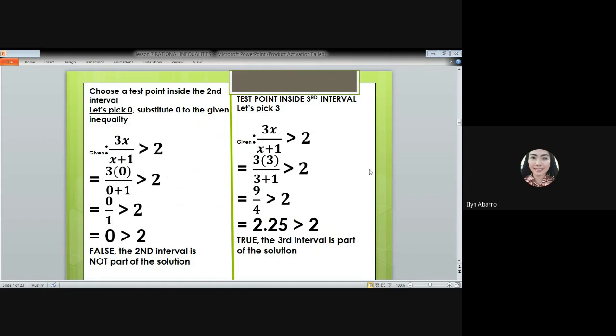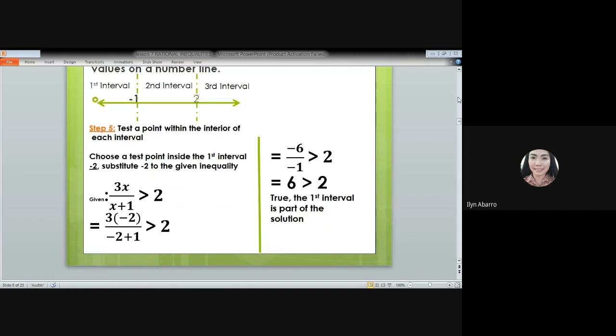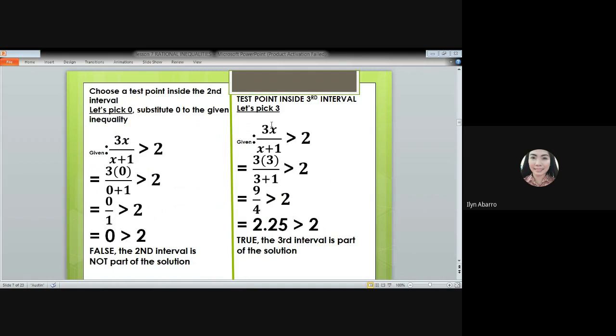Now let us test the third interval. Let us choose a value from here. So let's pick positive 3. Okay, so it will become 3 times 3 over 3 plus 1 is greater than 2. So 3 times 3 is 9. 3 plus 1 is 4.